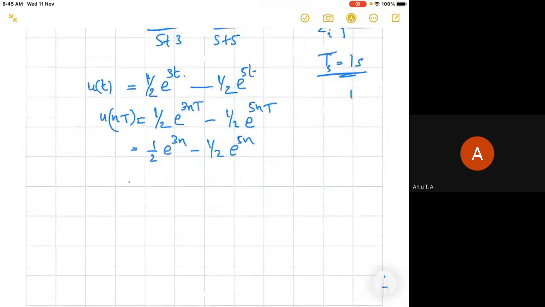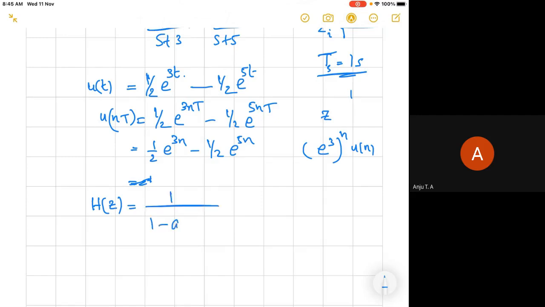So this is basically half into, if you take H(z) from this, you take the z transform of this. So if you take the z transform, you consider it as e raised to minus 3, e raised to minus n u(n), because we are taking the unilateral z transform. So this becomes similar to a raised to n u(n). Its z transform is 1 by 1 minus a z inverse.